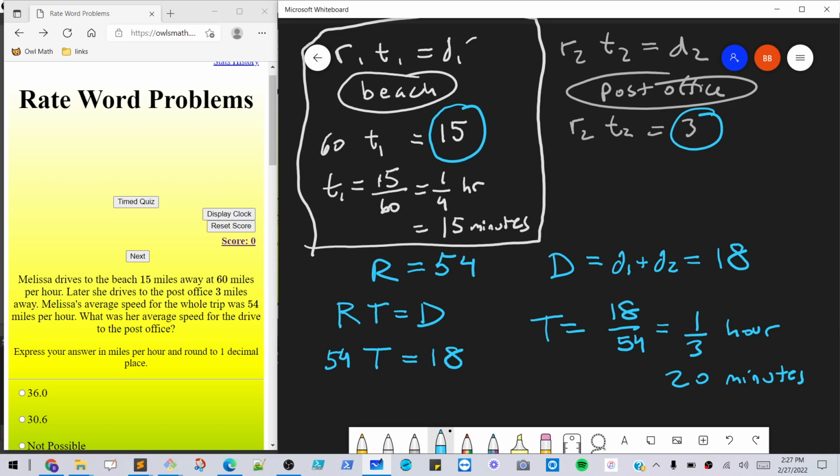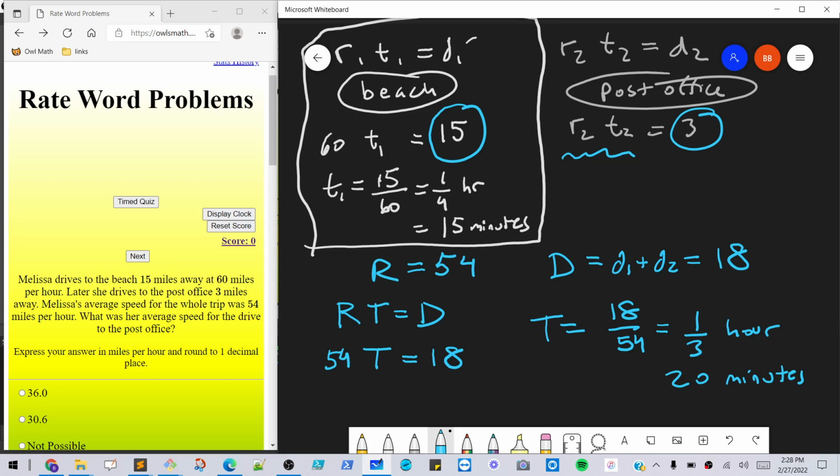Okay, so we have a lot of information. We know everything basically about the beach. We know everything about the round trip, but we still have some unknowns in the post office. And then the question is, what was her average speed for the drive to the post office?